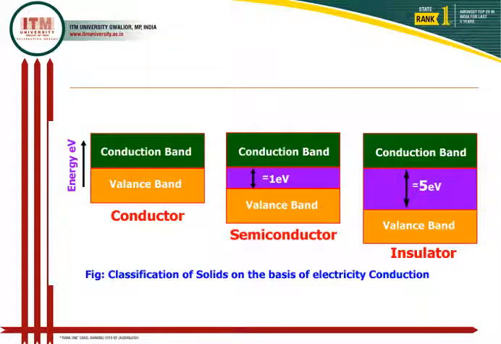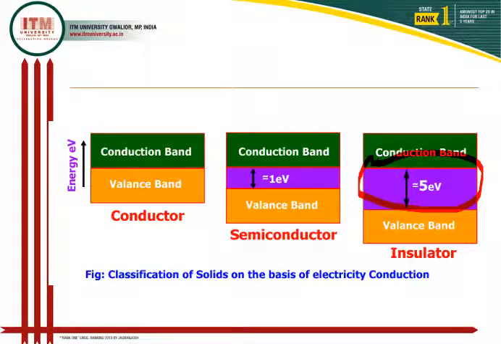In the case of conductors, there is no band gap. But in the case of insulators, the band gap is very high. The blue line shows the band gap. Here, the band gap is very high as compared to conductors, where there is no band gap.